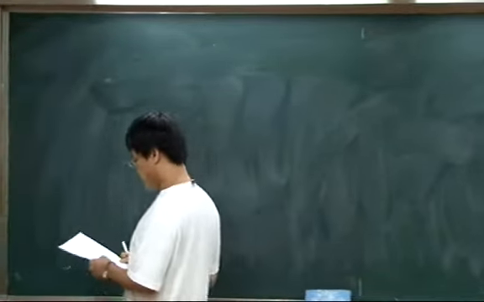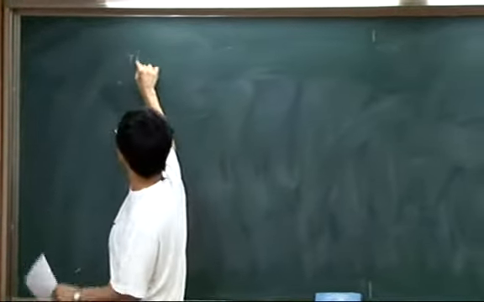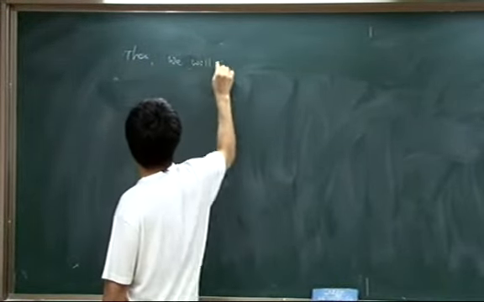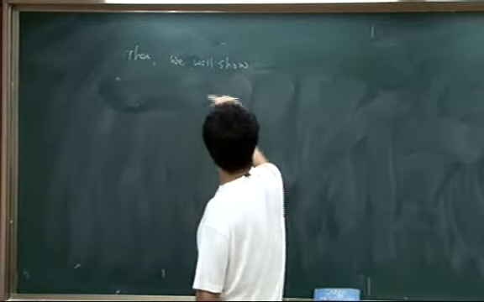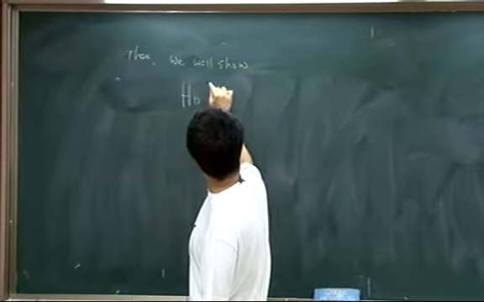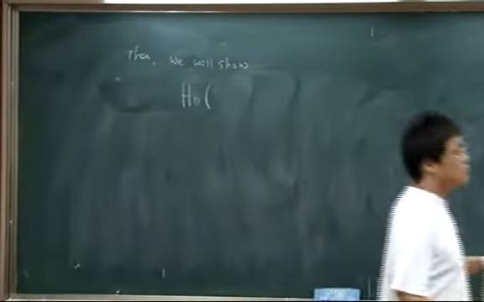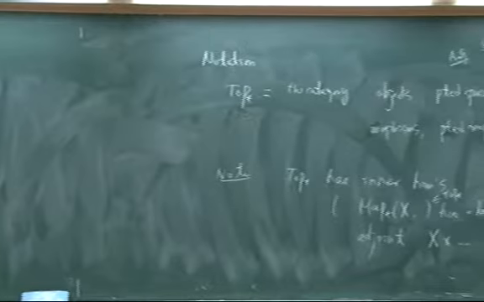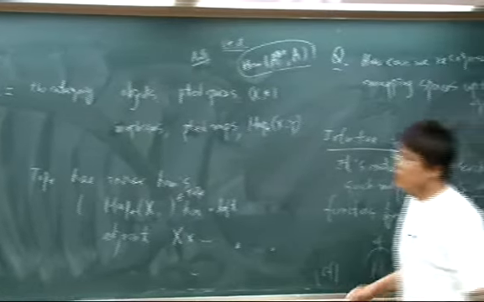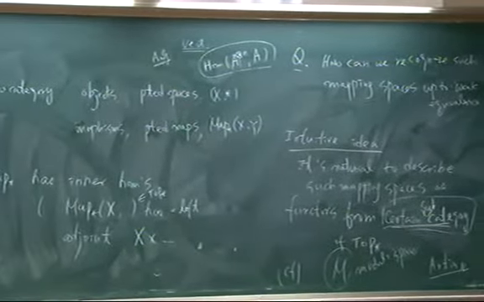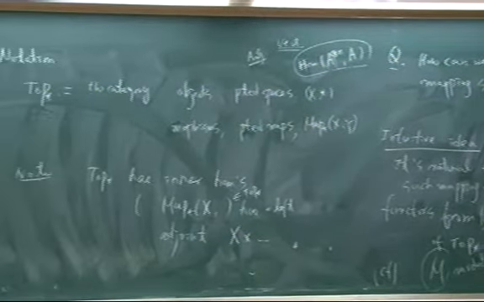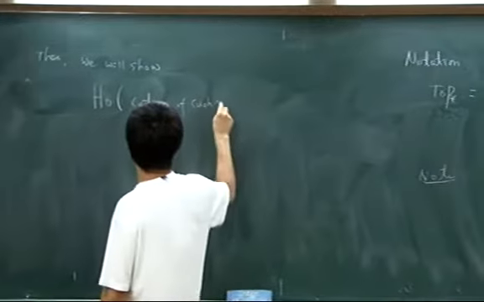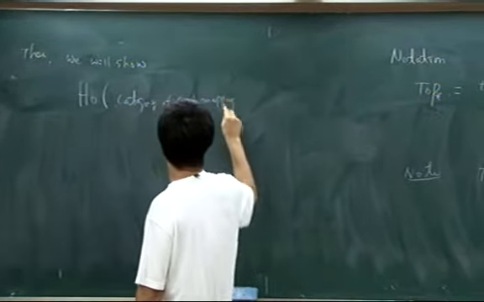And then eventually we'll show, so we'll describe the homotopy category of this kind of mapping space as just certain functors, right? So one category would be the category of such mapping spaces, right?